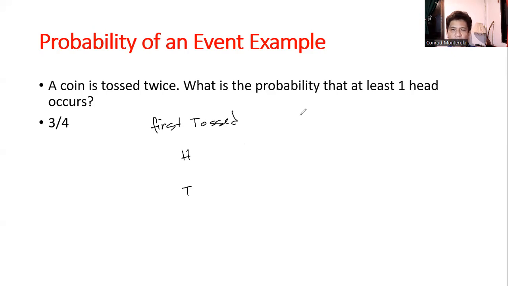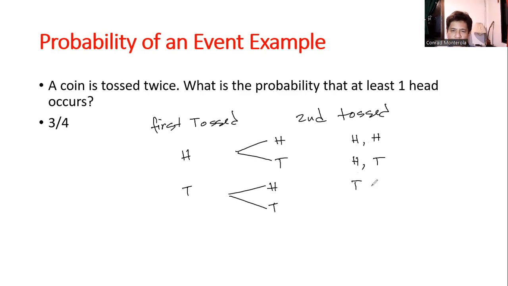And then on the second toss, of course, it's either a head or a tail. If it's a tail, the second toss will either be a head or a tail. So if we're going to list the sample elements, it's either HH, HT, TH, or TT.